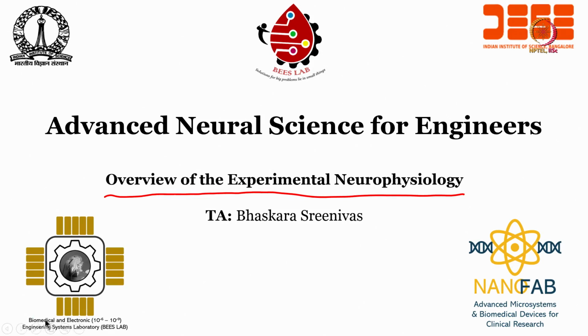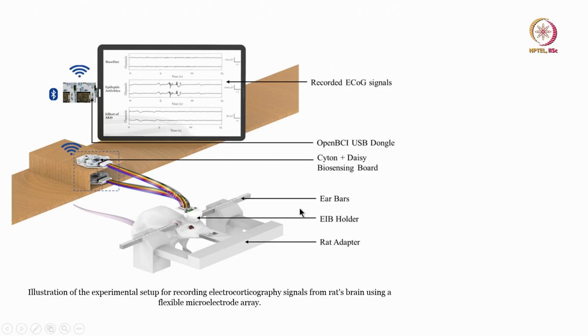So, let us go to the next slide. If you look at this slide, here you see there is a rat. For an experimental neurophysiology lab, first of all we also need to look at what kind of rat we are using. Are we looking at Wistar rats, or Long Evans rats, or different kinds of breeds that are available?